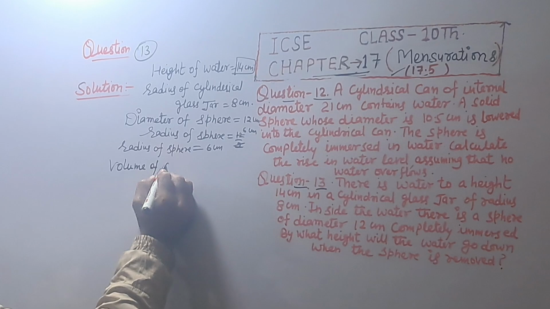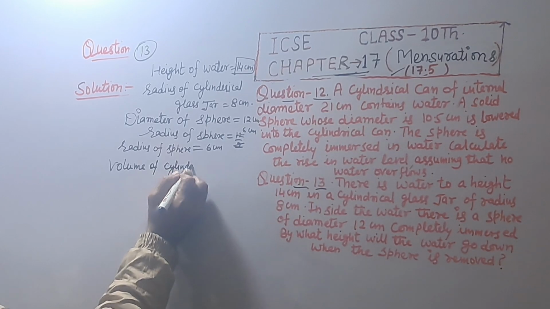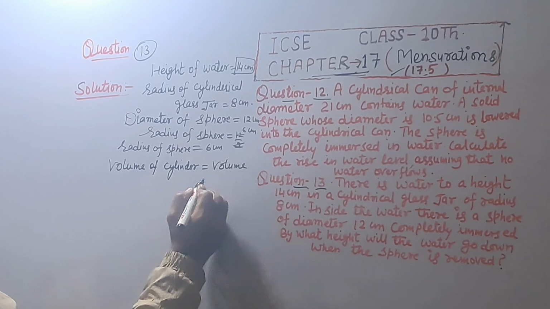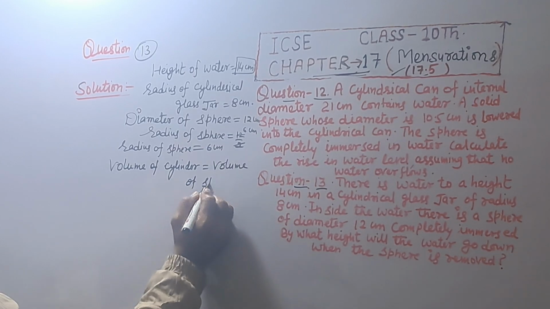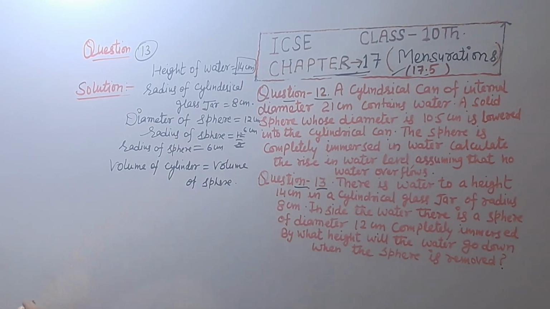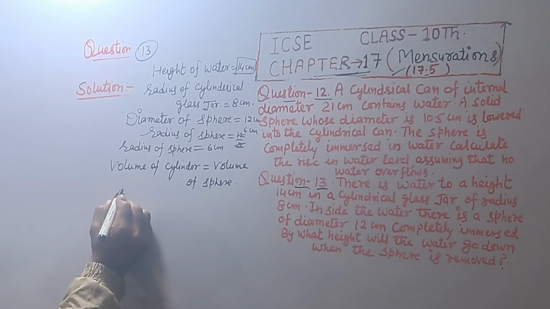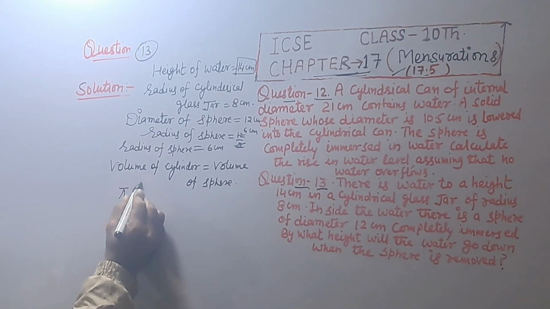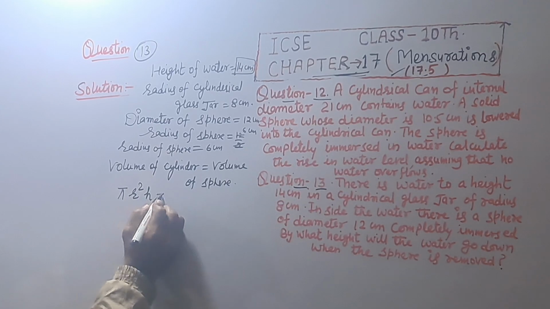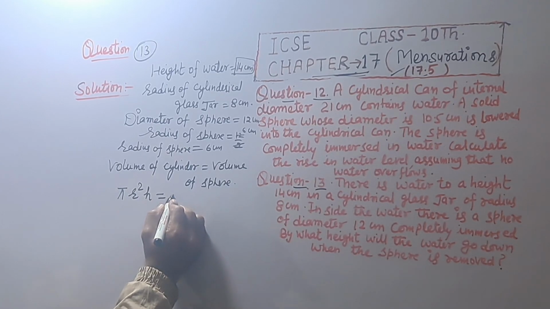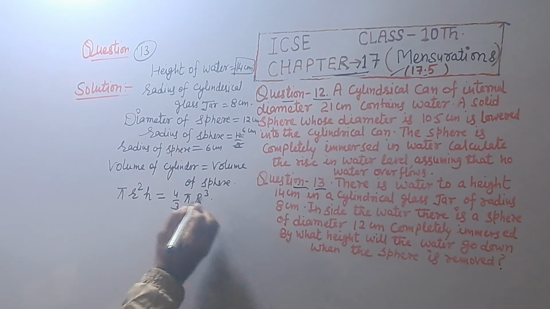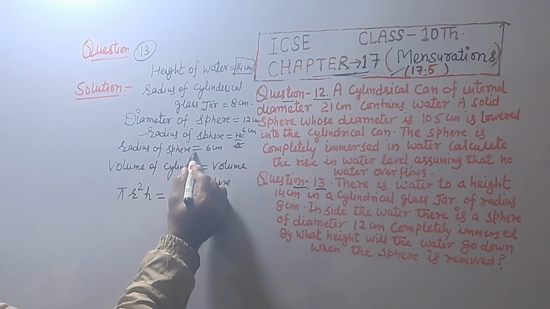Volume of cylinder is equal to volume of sphere. Pi r square h equal to 4 upon 3 pi R cube.